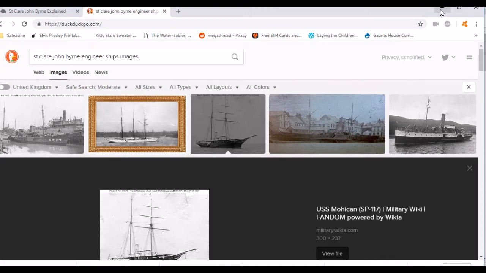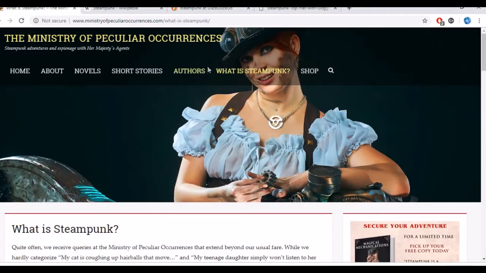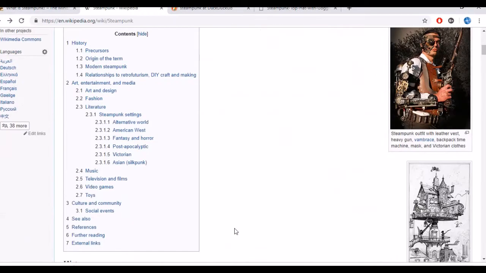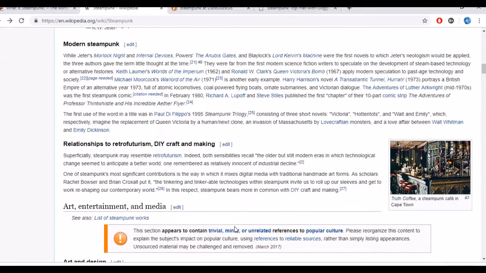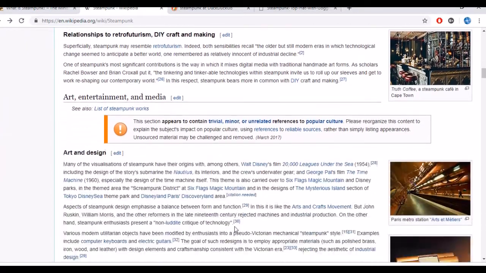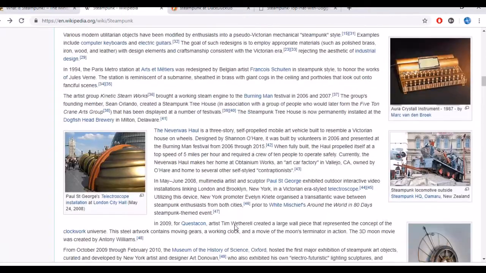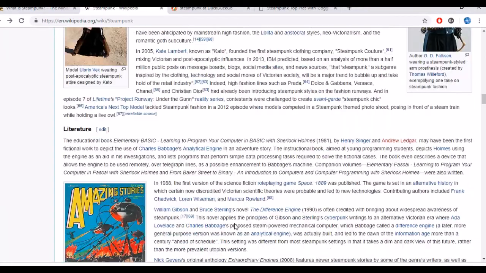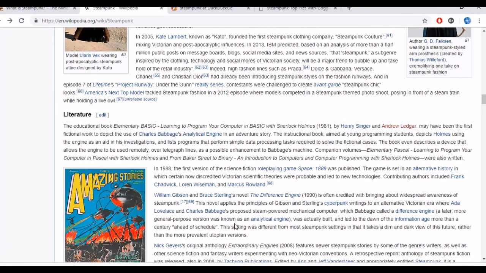Steampunk. Just trying to find the literature. Here we go.